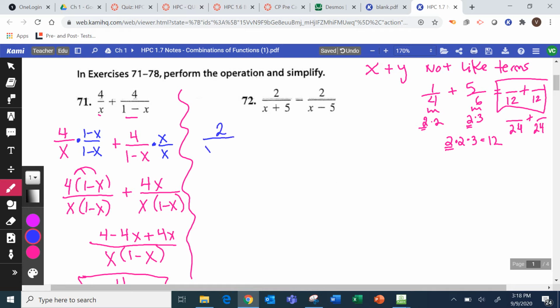It does not factor. So if it does not factor, we're going to have to multiply by a value of 1 that makes both denominators have the exact same thing. So we're going to basically be multiplying by each other.